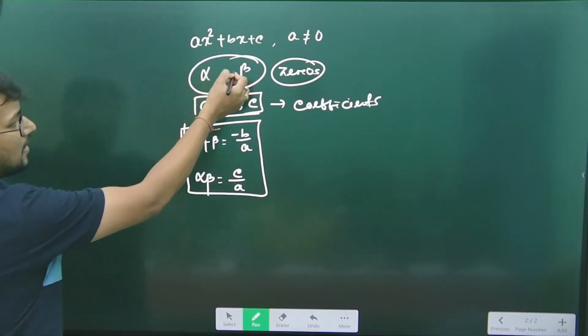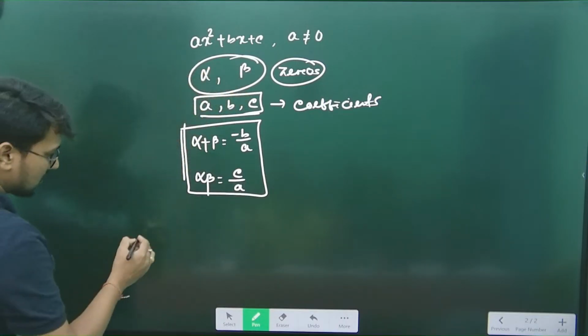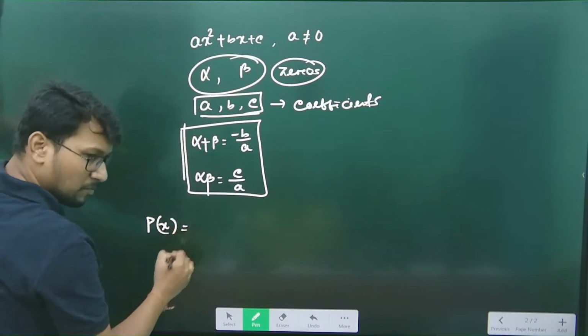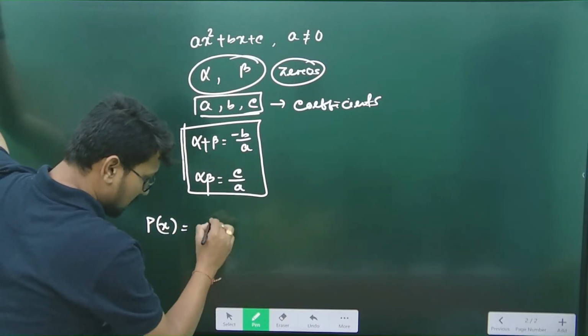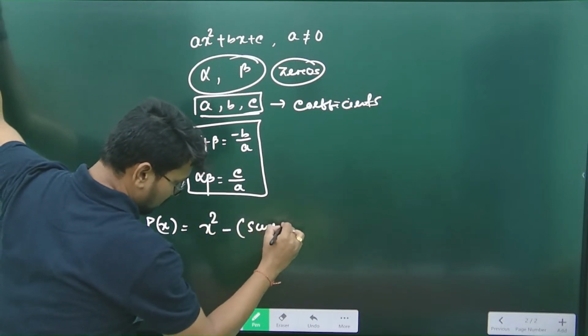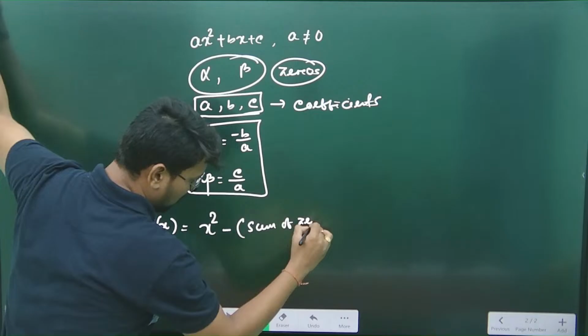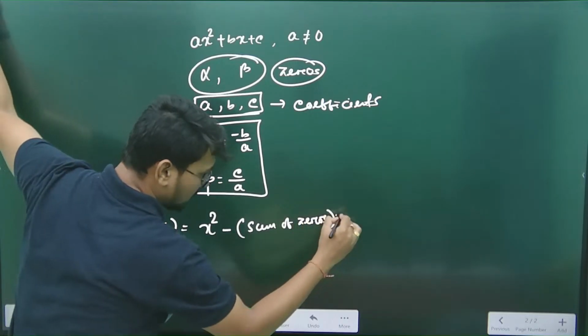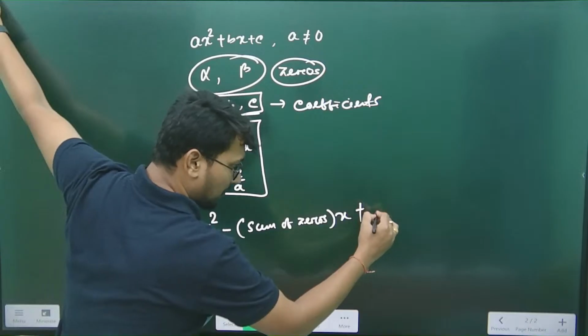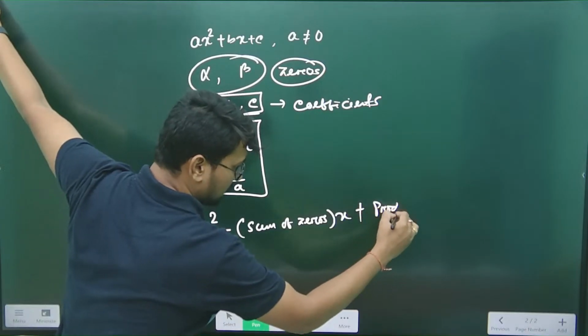Second concept: if alpha and beta are the zeros, then what is the polynomial? Let the polynomial be p of x. Polynomial equals x square minus sum of zeros into x plus product of zeros.